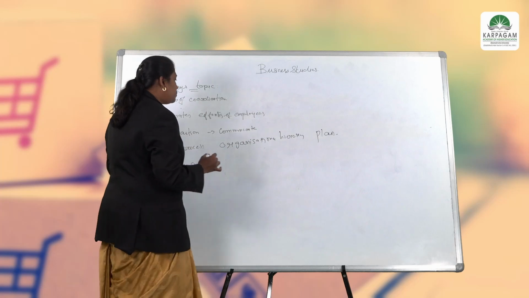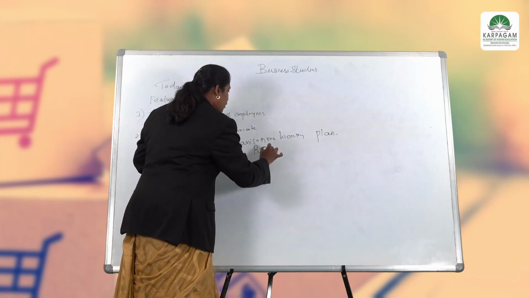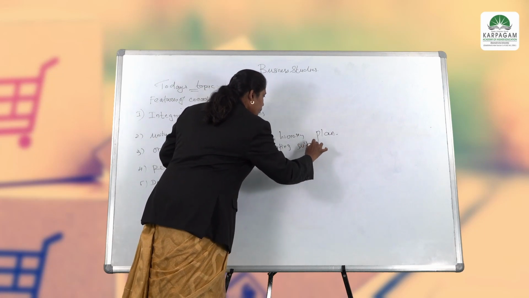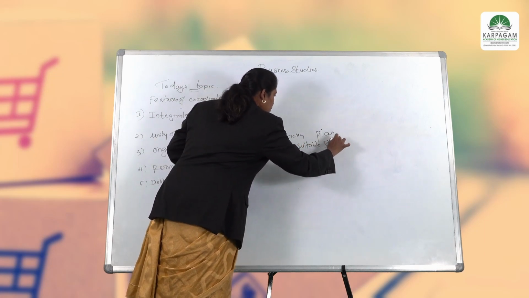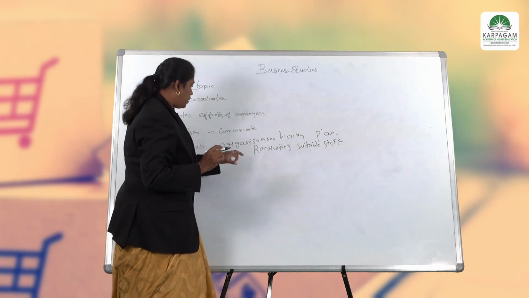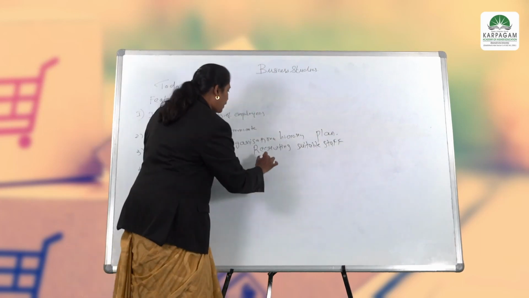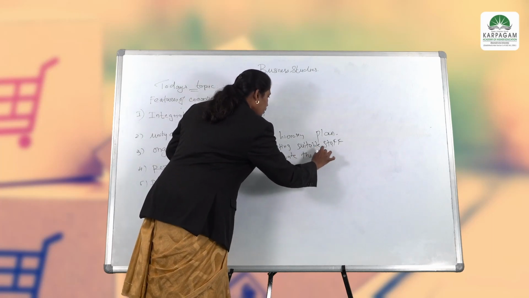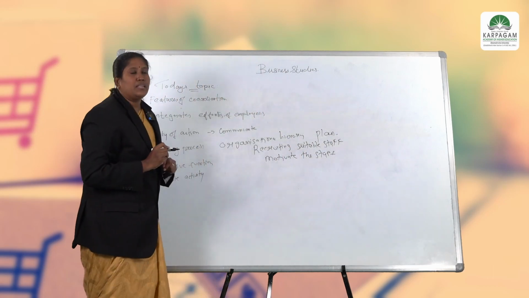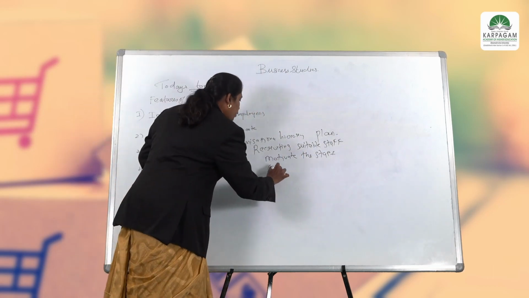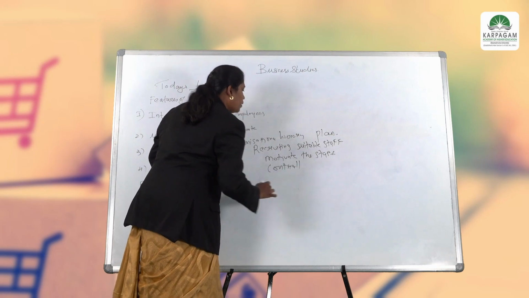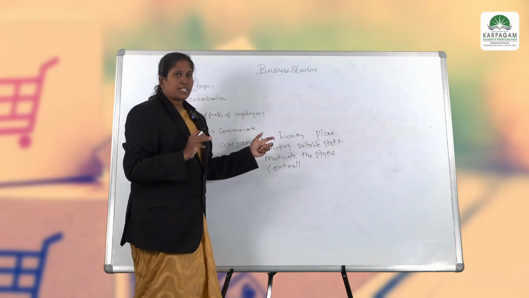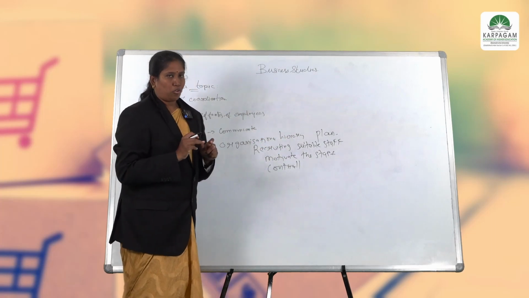The next is recruiting suitable staff members. Then we have to motivate the staff members. The last one is controlling, in order to avoid any deviations. So all these can be done successfully only with the help of the coordination process.